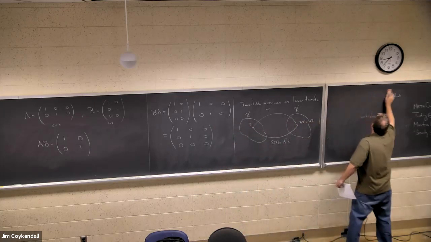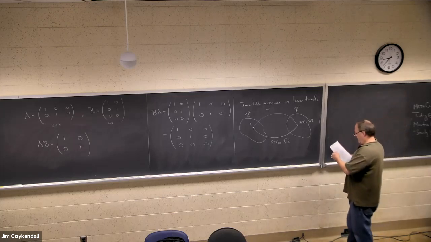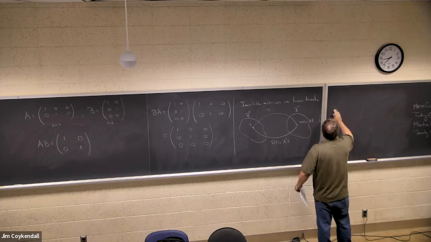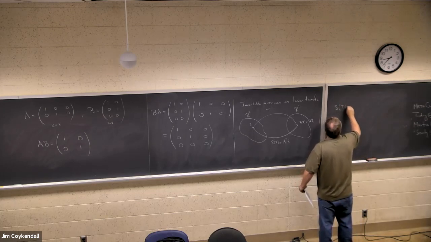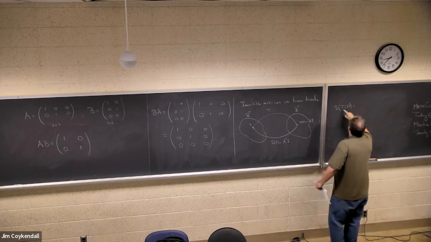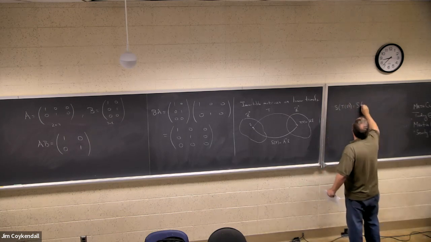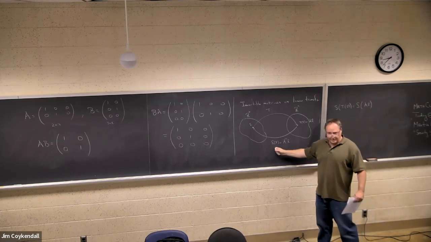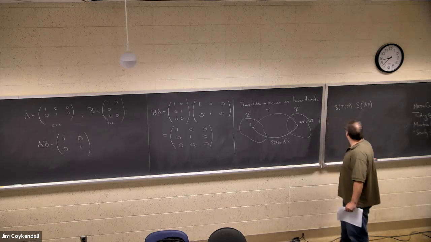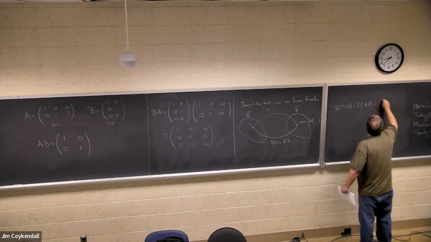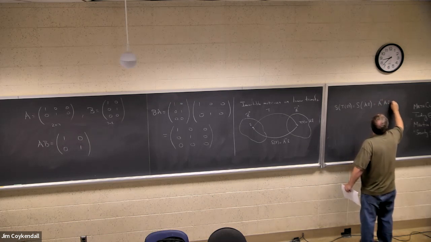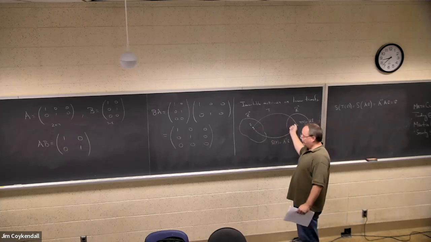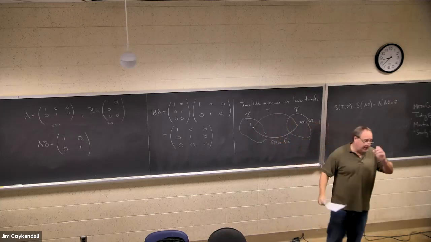What happens when you compose them? Well, ostensibly what you get is S of T of v, well, this is S of the matrix AB. And what does S do to its input? Well, it takes its input and multiplies by A inverse.